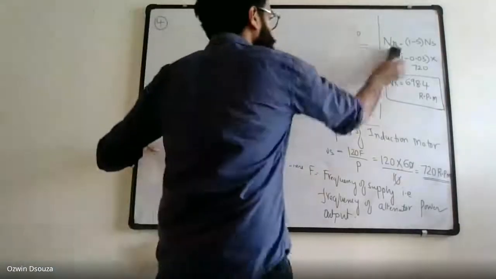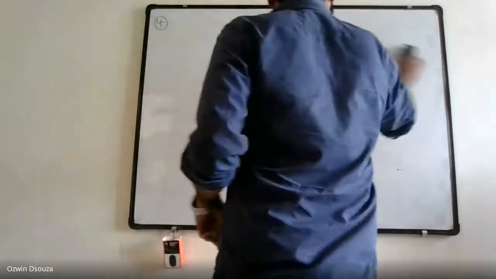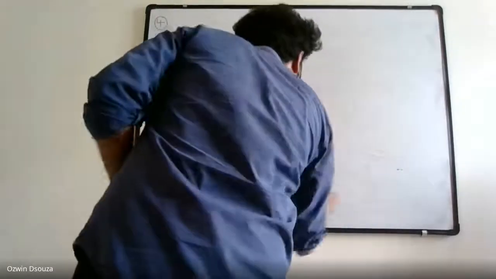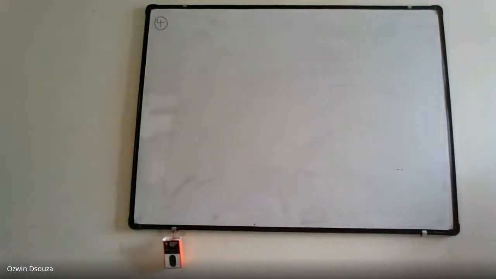Okay, consider the 5th problem. Write down the 5th problem. A 4-pole 50 hertz induction motor has a slip of 1% at no load.